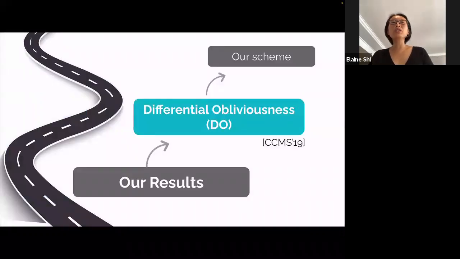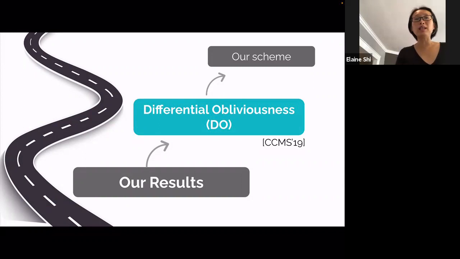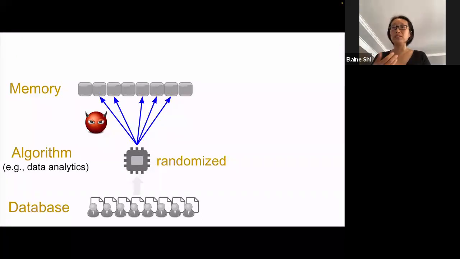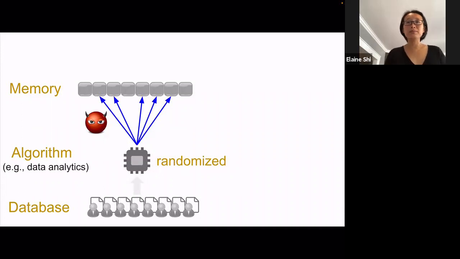So with this, let's quickly revisit what is differential obliviousness, and then we can talk about our algorithm. So what's differential obliviousness? Imagine we have some database, we are running some data analytics algorithm or running some query on the database. The algorithm will visit some memory locations where the database is stored.